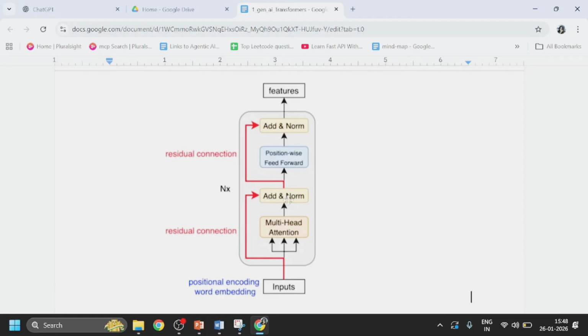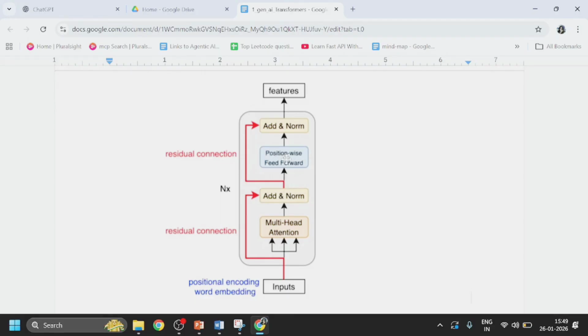After multi-head attention, we have these three more important components. If you pass the embedding of a sentence here, then after attention, every word goes through a feed forward neural network, from here to here.